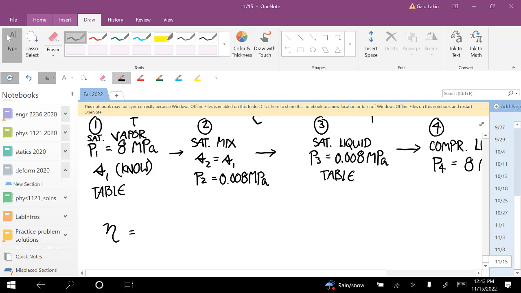So we know that this is equal to W dot for the turbine over M dot minus W dot for the pump over M dot.